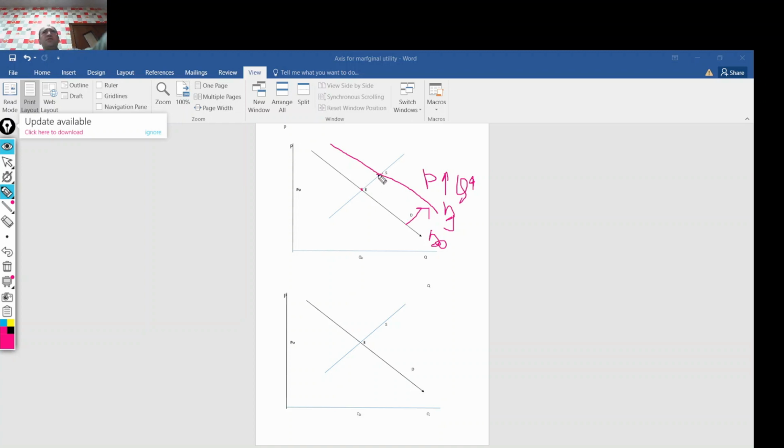Some new producers of milk will enter the market, and the supply curve will shift, because they see the price increasing. So let's say the suppliers of milk enter the market. The new supply curve will shift from the old one, S0, to S1.